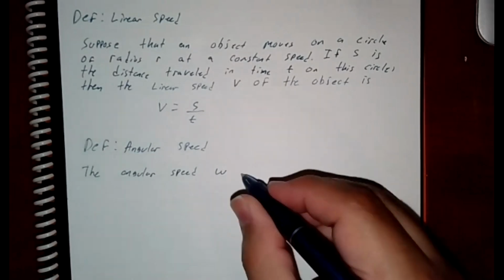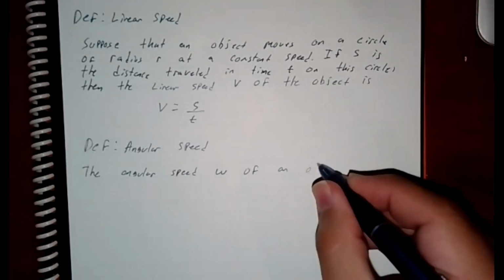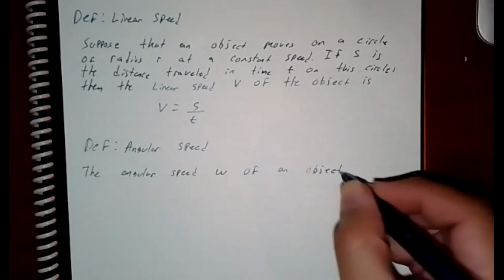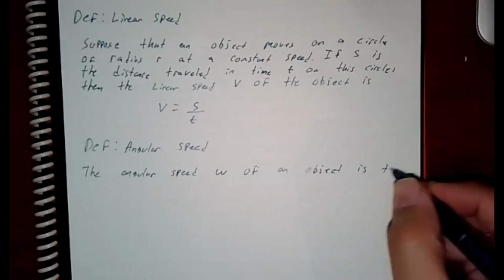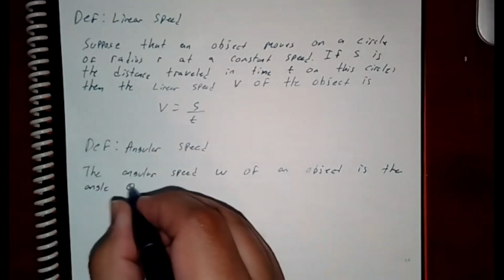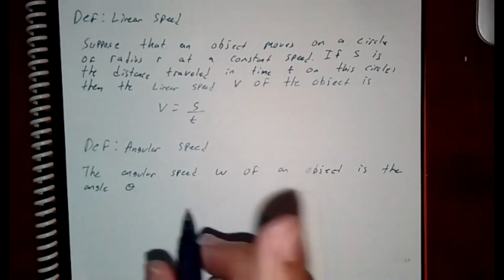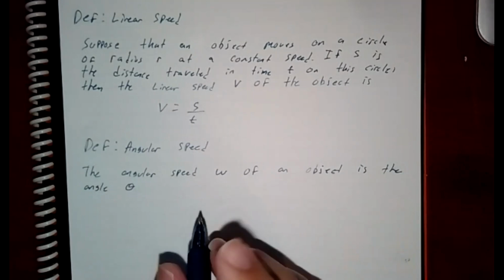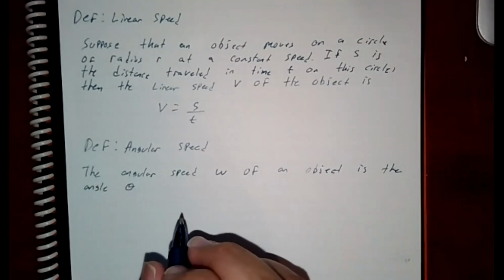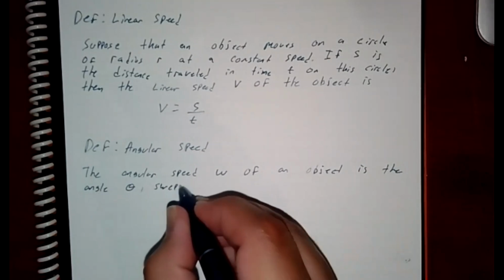The angular speed omega of an object is the angle theta swept out and divided by the elapsed time t. Of course, theta is still in radians, not degrees, so make sure you change it if it comes up.